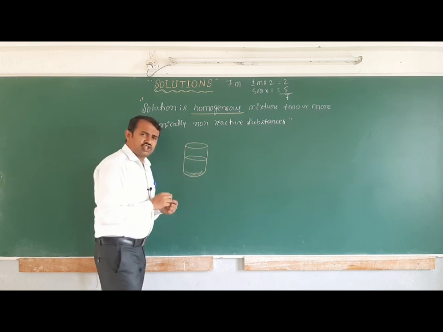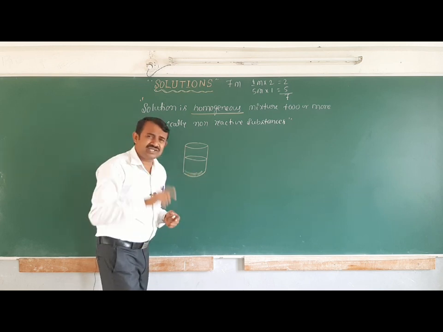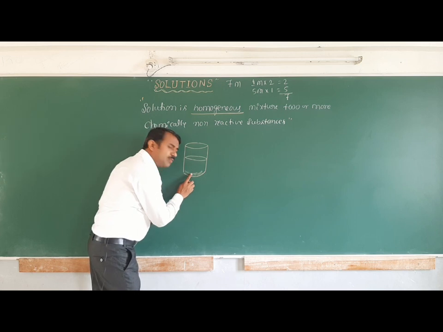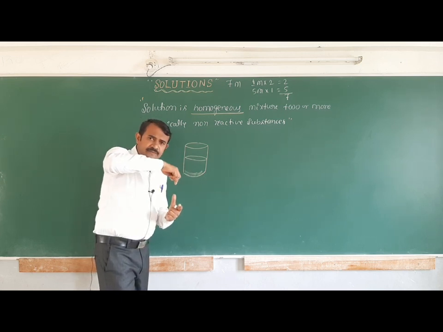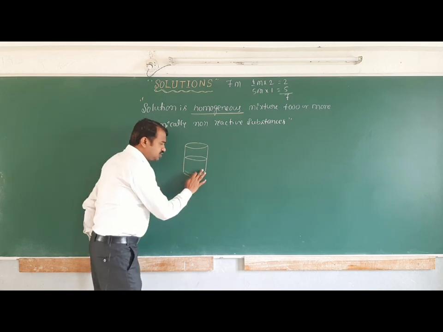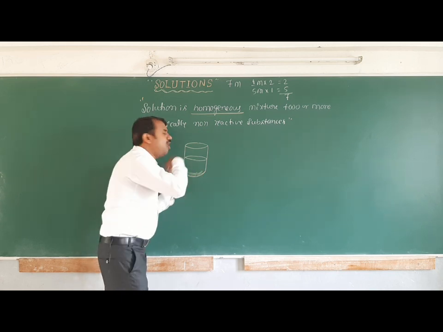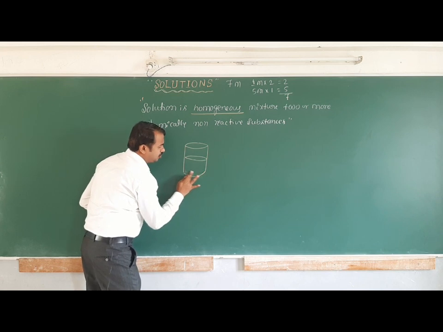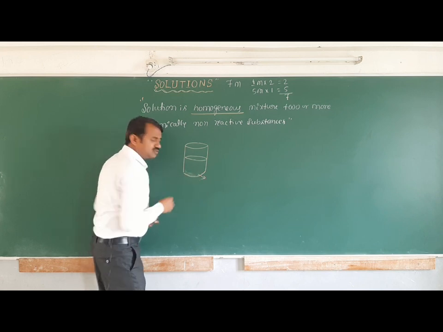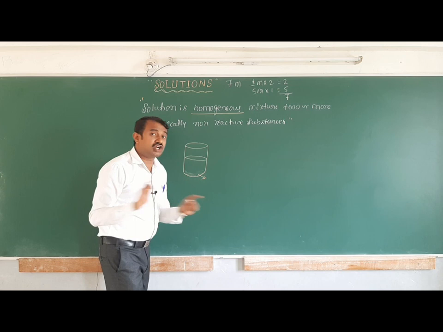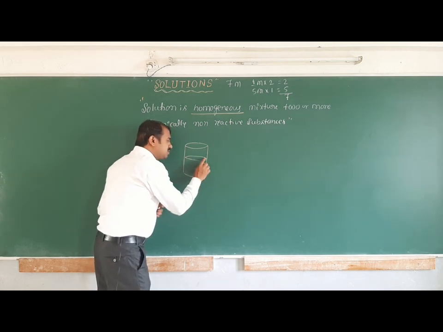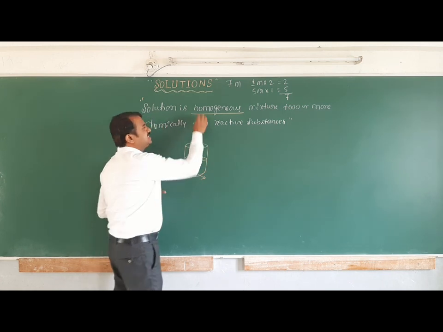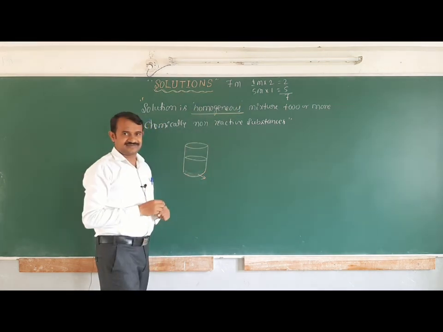When the sugar is dissolving, the concentration of sweetness in the lower part is more. When we stir properly, the sweetness is distributed uniformly throughout the solution. Here the sweetness is more in one place, which means the concentration is not uniform. When the sweetness is distributed throughout the entire solution, it is called homogeneous.